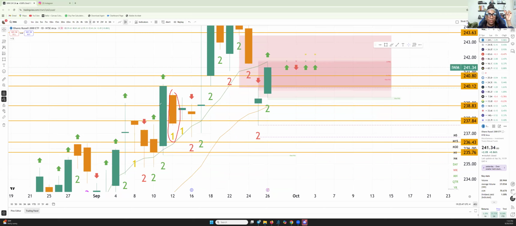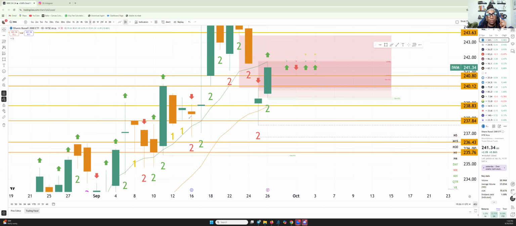It's inside of its previous candle. Then you got another 1 here inside of its previous candle. A 1 candle is an indecision candle. It's basically a candle that we're chilling on until it gets breached, until it breaks to the upside or breaks to the downside. A 1 candle is a candle that we do nothing on.